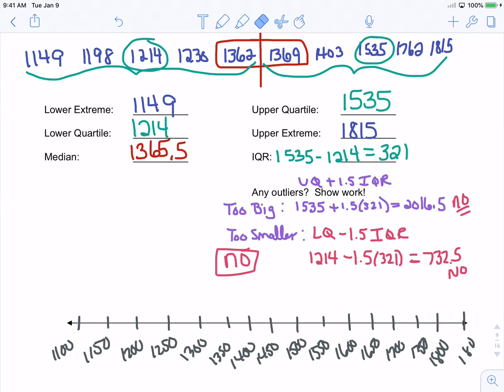And make sure that you are going a little below and a little above our lower and upper extremes. So I started at 1100, I'm ending at 1850, just counting by 50s.